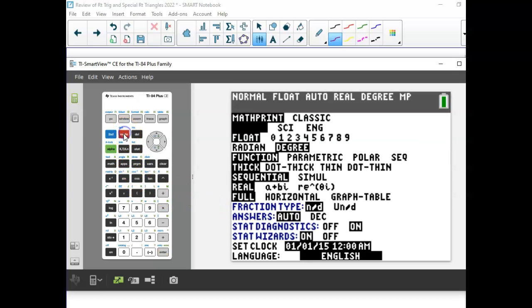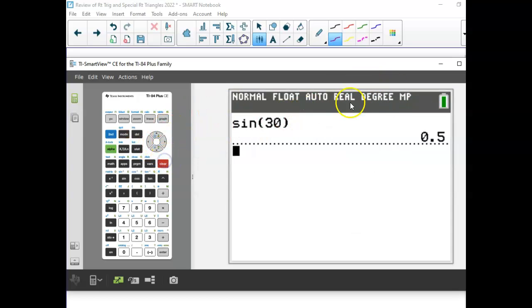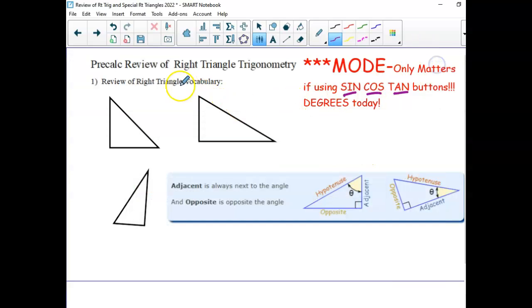It's the mode button right up here, and then you want to go down to degree. Now, on my calculators from the back of the room, it will tell you at the top, as soon as you turn the calculator on, it says degree up here, but some of the older ones don't do that. Everybody good? Did you get it fixed, Elijah? Okay, everybody else good?